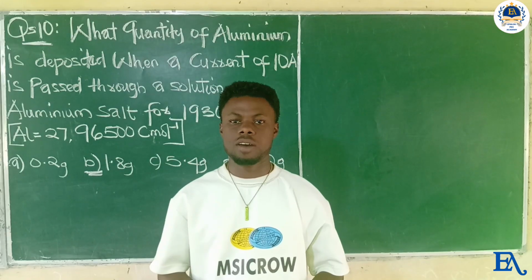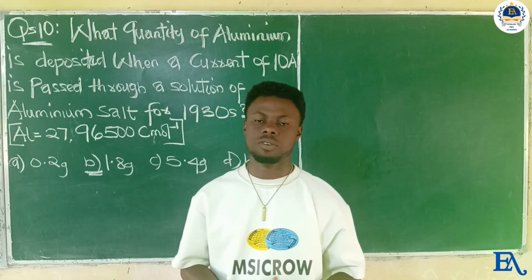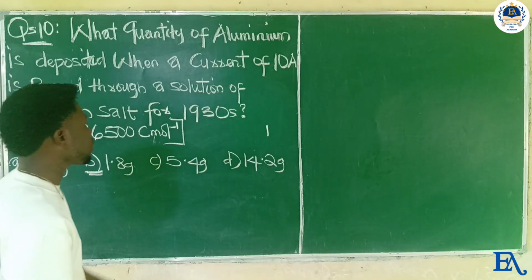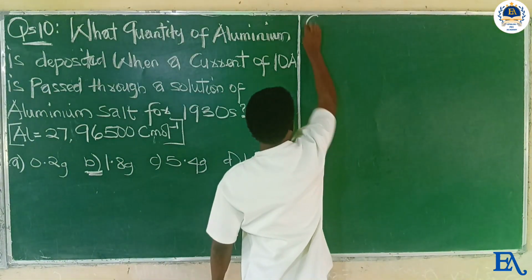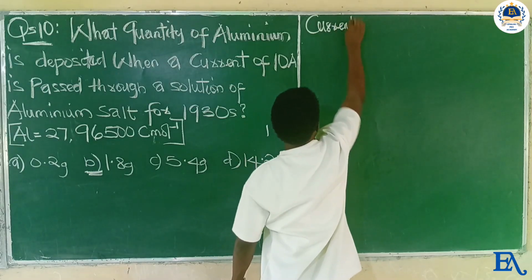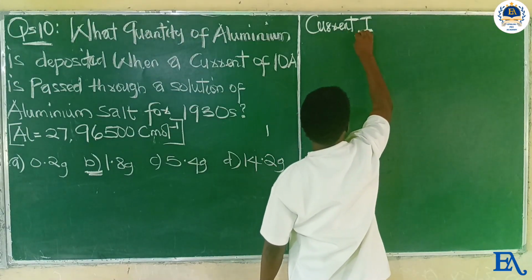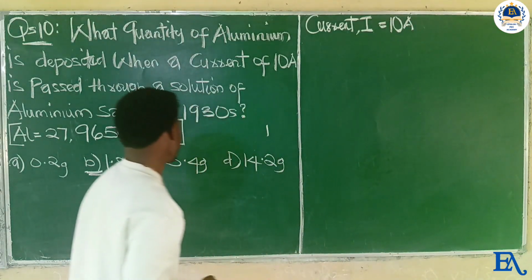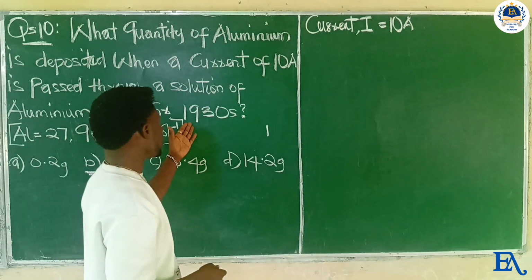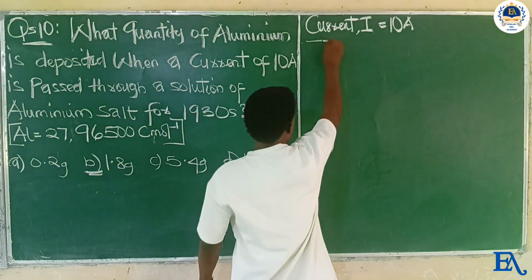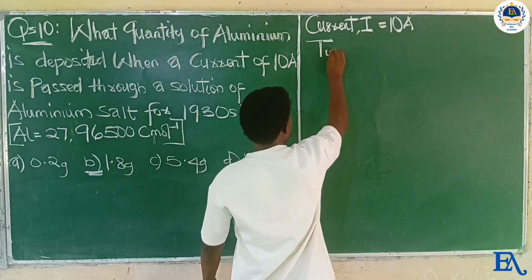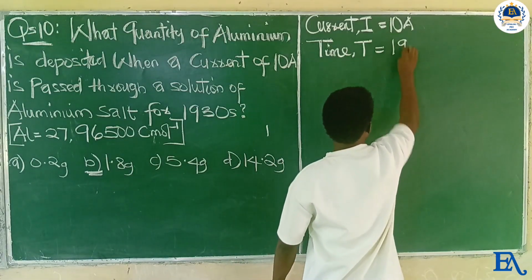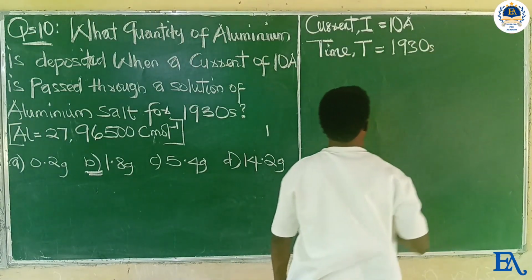To solve this question, we have to apply Faraday's first law and second law of electrolysis. So let's bring out the parameters given on the board. From the question, we have the current I equal to 10 ampere. Another thing on the board is the time, t, equal to 1930 seconds.